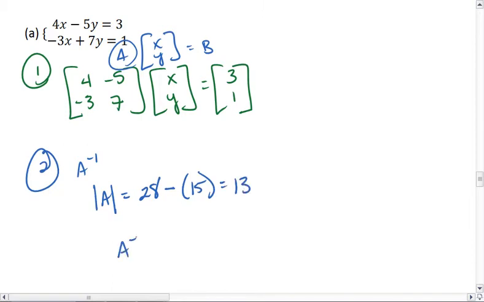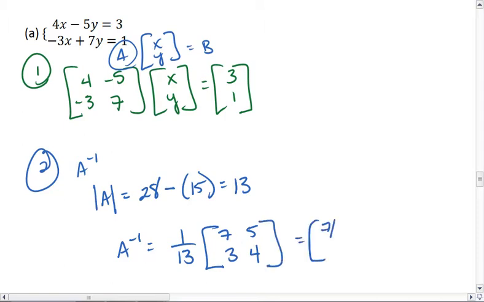Then A inverse is 1 over 13 times, I take the matrix A, switch A and D in it, and then flip the signs on B and C. So I get 7/13, 5/13, 3/13, and 4/13.